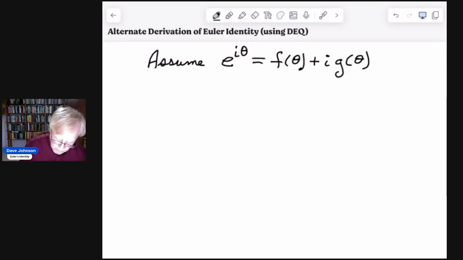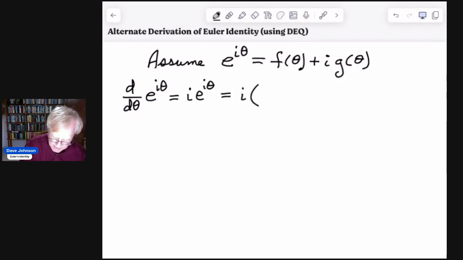So the first step that I'm going to do is differentiate e to the i theta with respect to theta. And so we get i e to the i theta. At the same time, we can write this as i times our original expression for e to the i theta, which is f of theta plus i times g of theta.